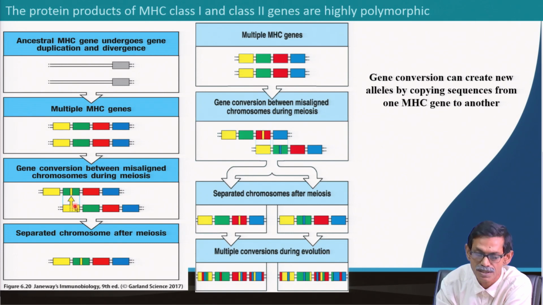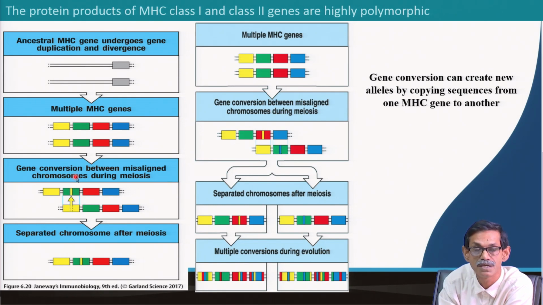Okay. So, it is not one side only. So, what will happen in the next generation, or in the sperm cell or egg cell, instead of just pure blue, green, red and blue, you will have a mix of this. This exchange of genetic material by this misalignment is called gene conversion.